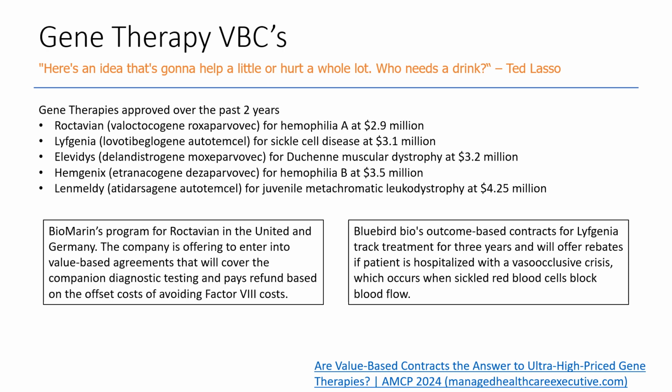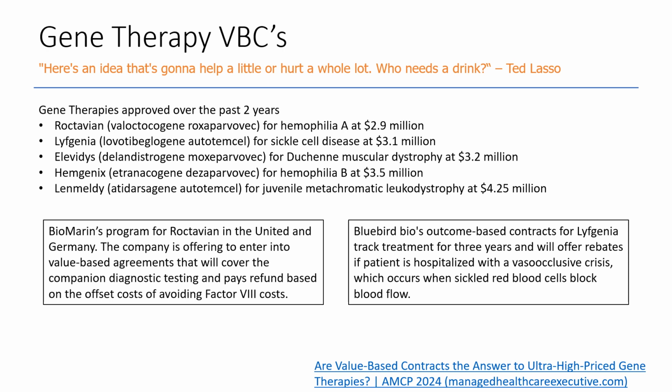So you can see every time a gene therapy launches, it launches at a higher price. Part of this is because these are pretty small populations. So they put a lot of investment into developing these drugs and doing clinical trials, and then very small populations are going to have access to them.